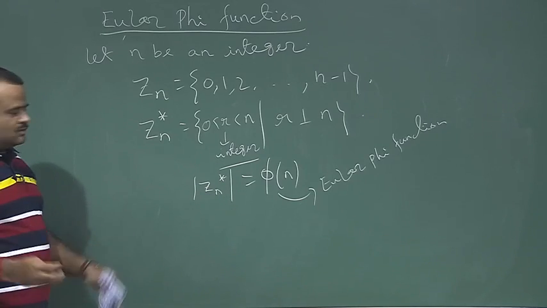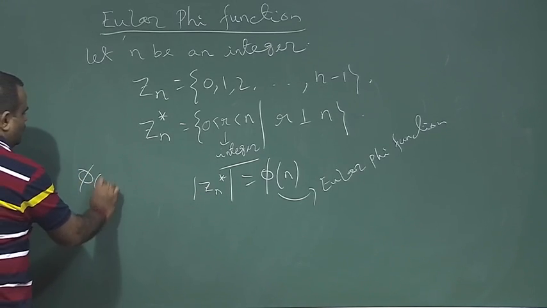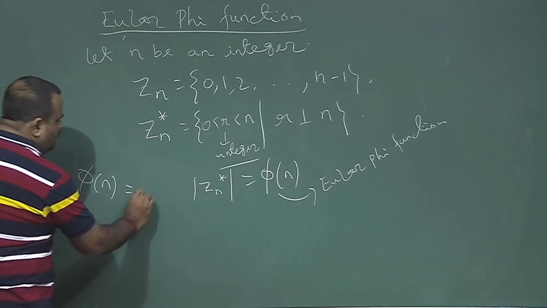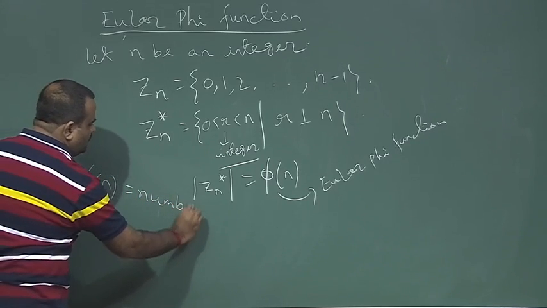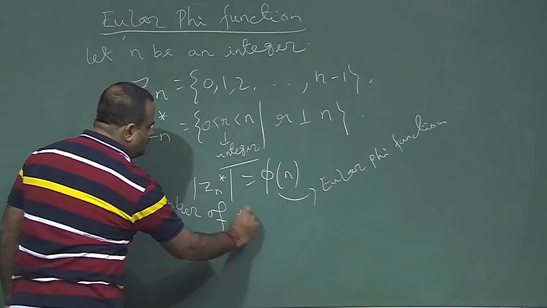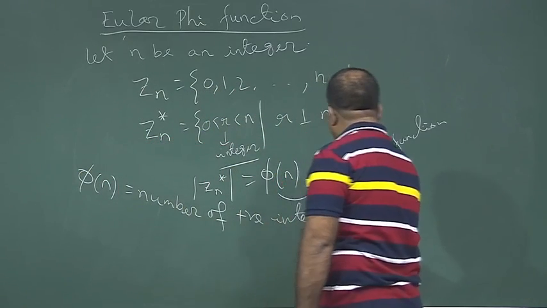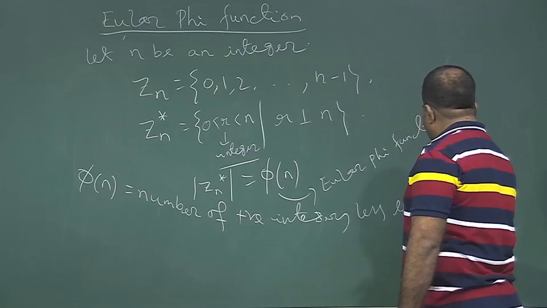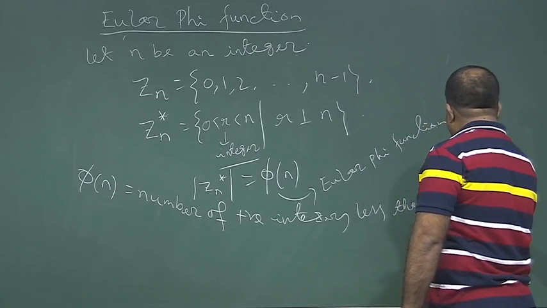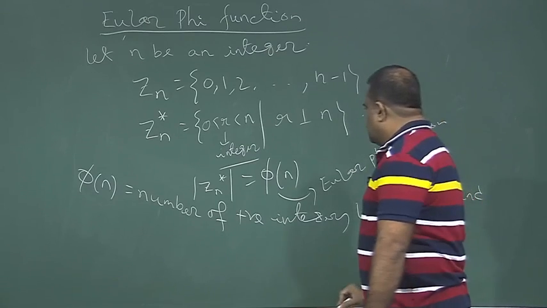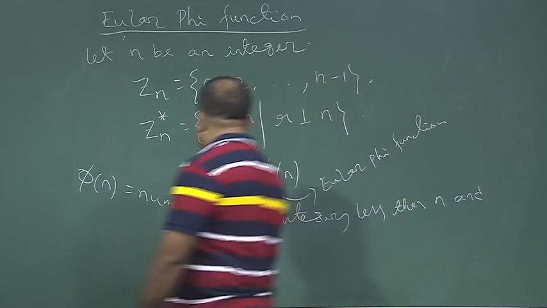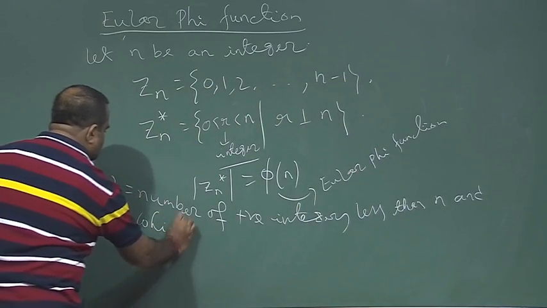It is the number of positive integers less than n and which are coprime to n.